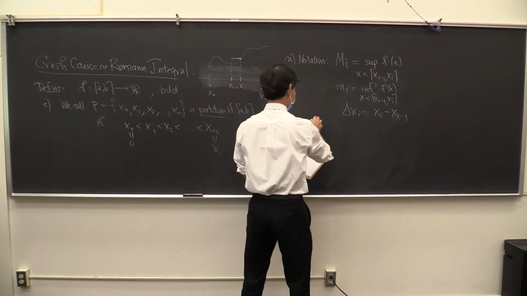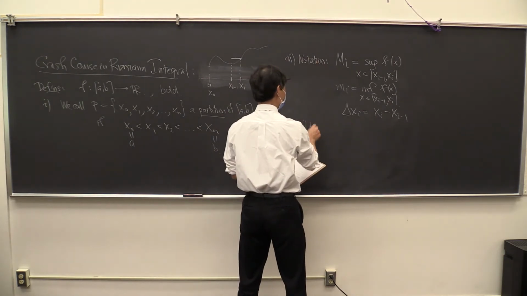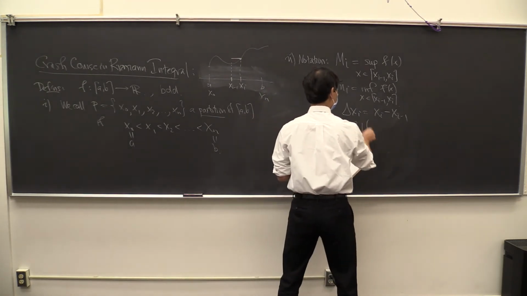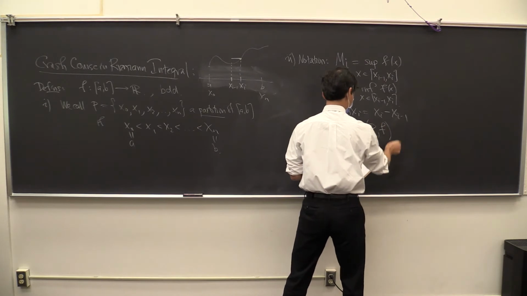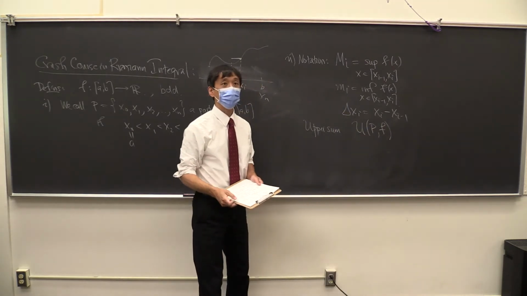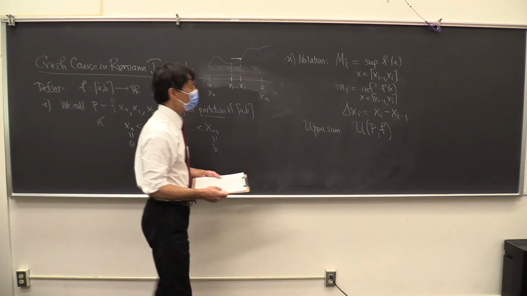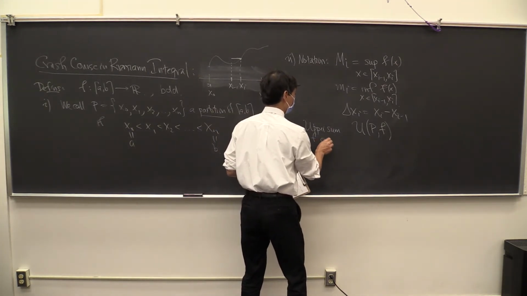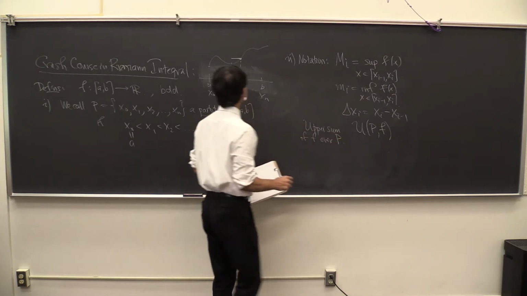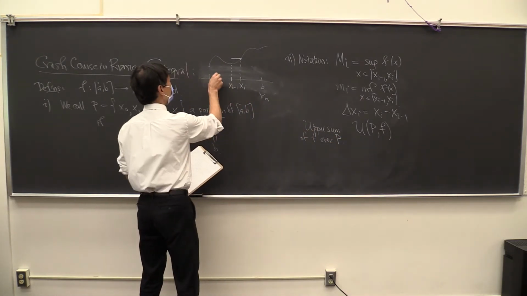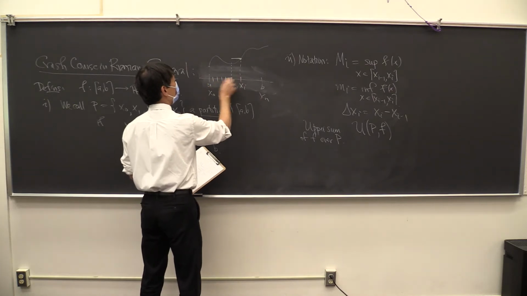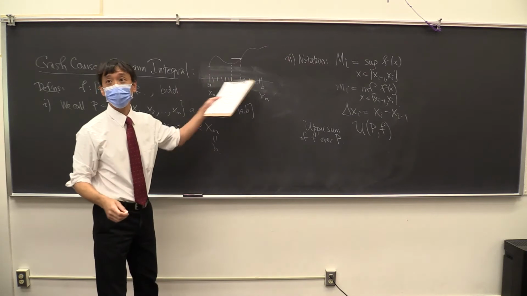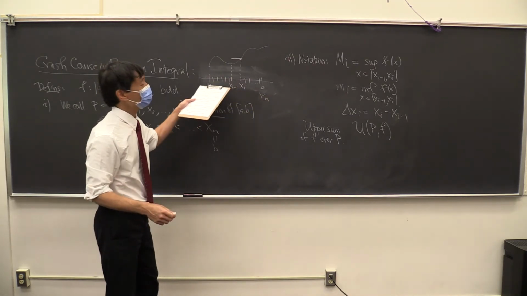And you probably can guess what I'm going to say next. There's this thing called the upper sum, denoted U(P,f), the upper sum of f over the partition P. Somebody gives you a partition, you have some function over the set, and we define the upper sum.